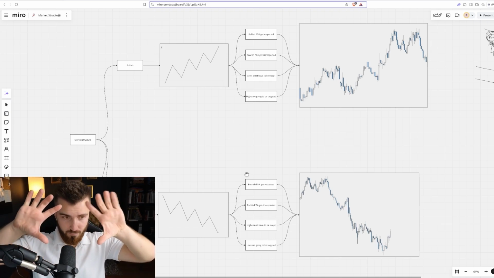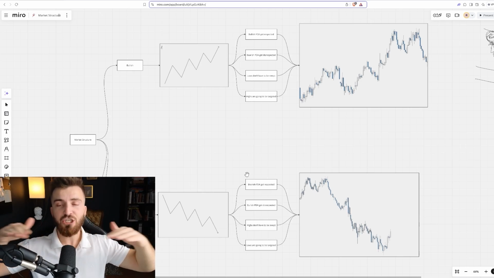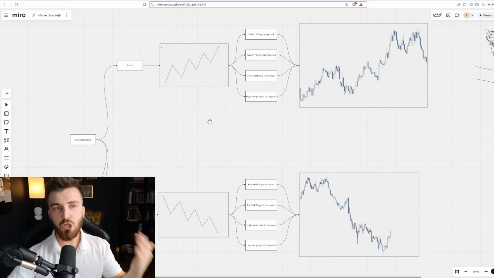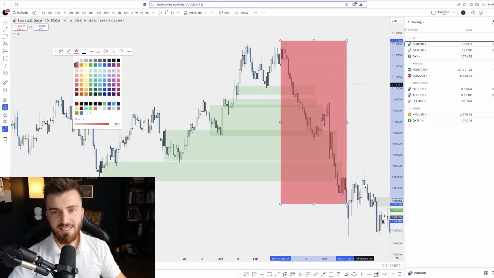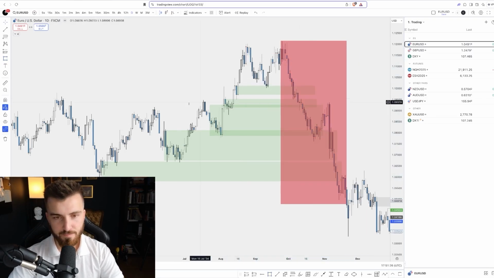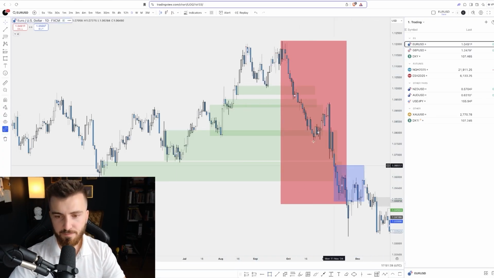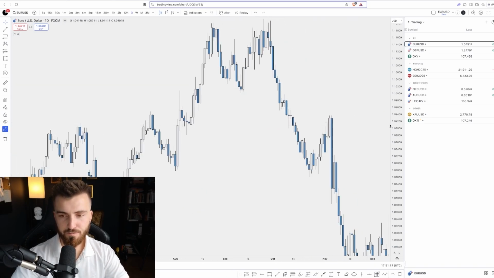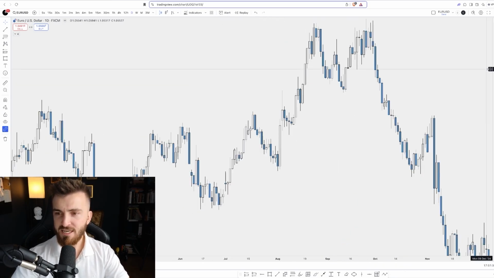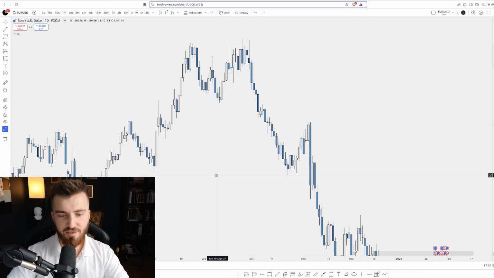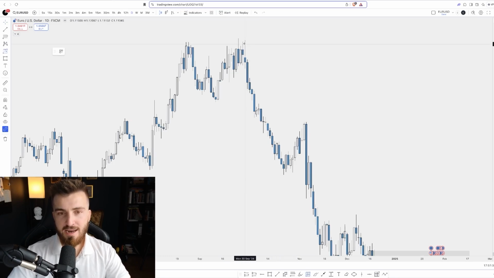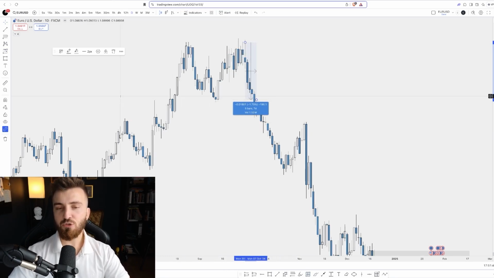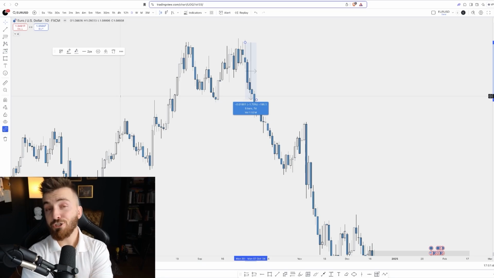But market structure is the foundation of price, because a lot of traders see this first move right here on euro dollar, and they think, well, now it's impossible for me to execute on any longs or any shorts.